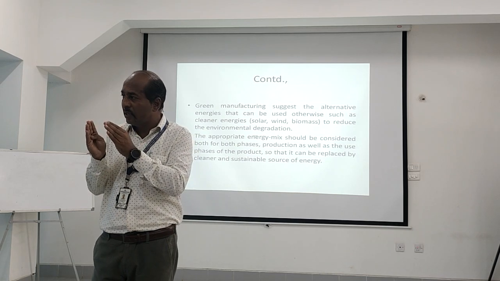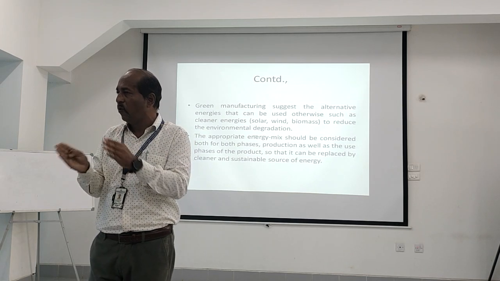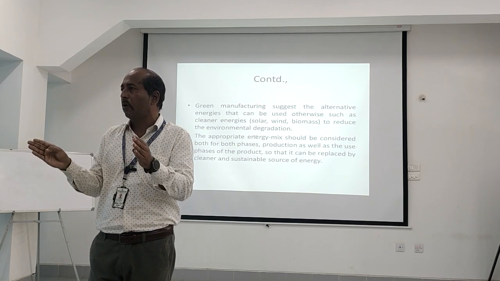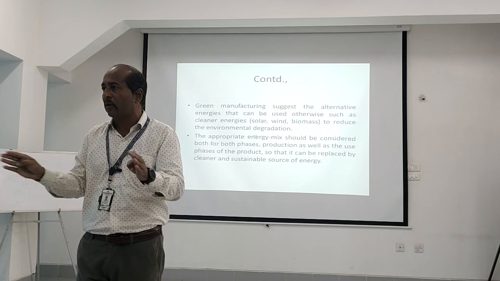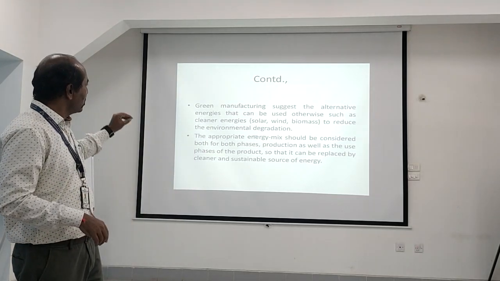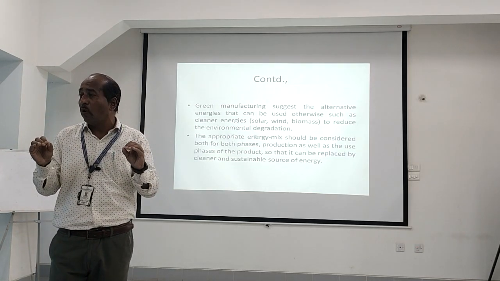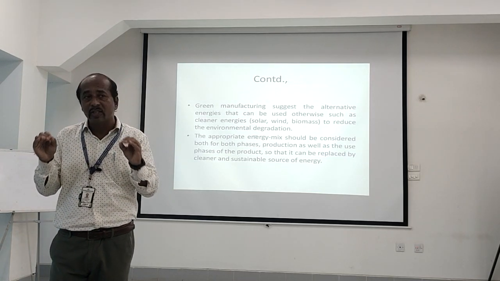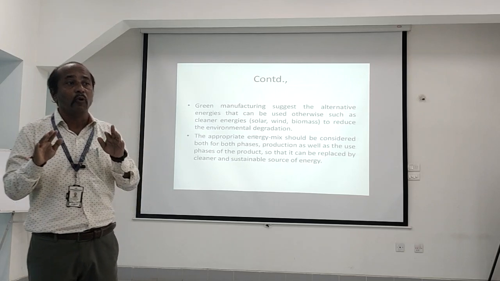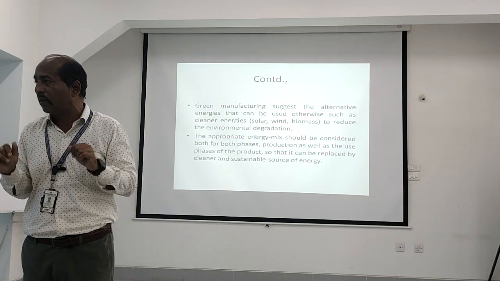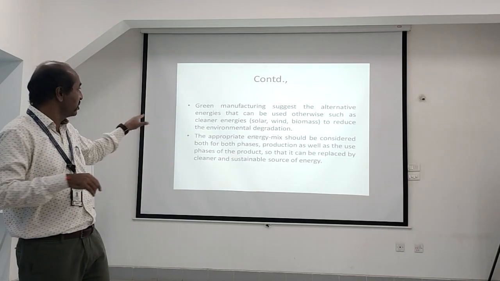If you use solar energy, there is no pollution at all. If you use wind energy, no pollution at all. If you use hydel energy, no pollution at all. So as long as you go for clean sources of energy, it is always sustainable because it is not adding any pollution to the atmosphere or environment. That has to be taken into consideration here.